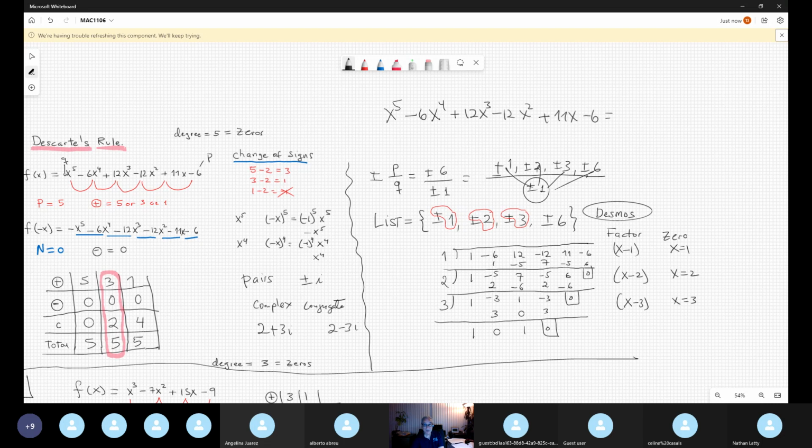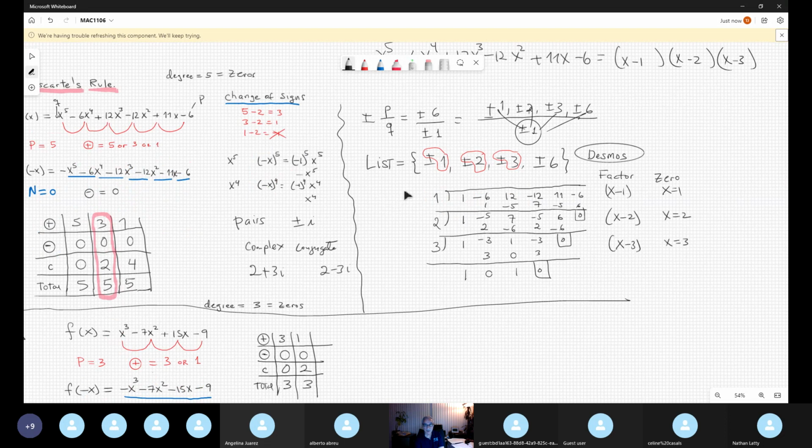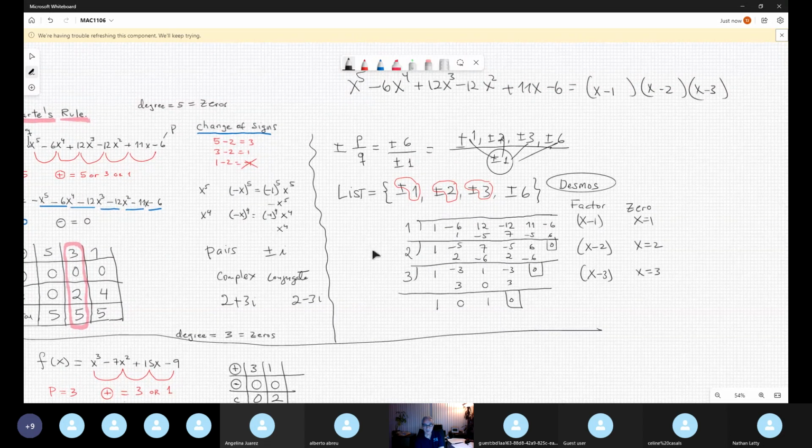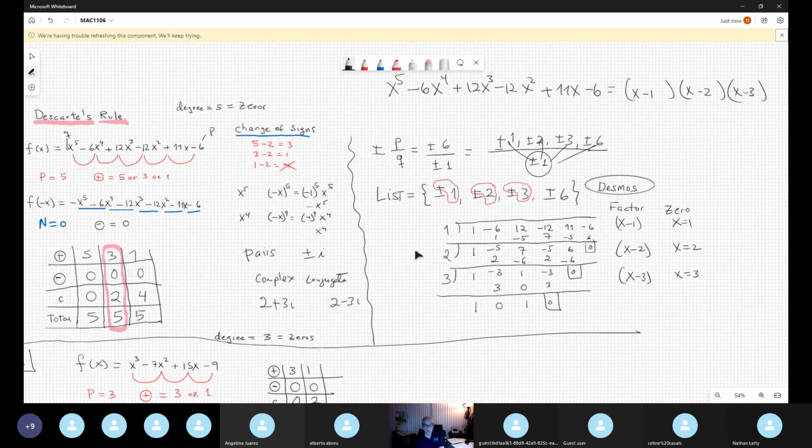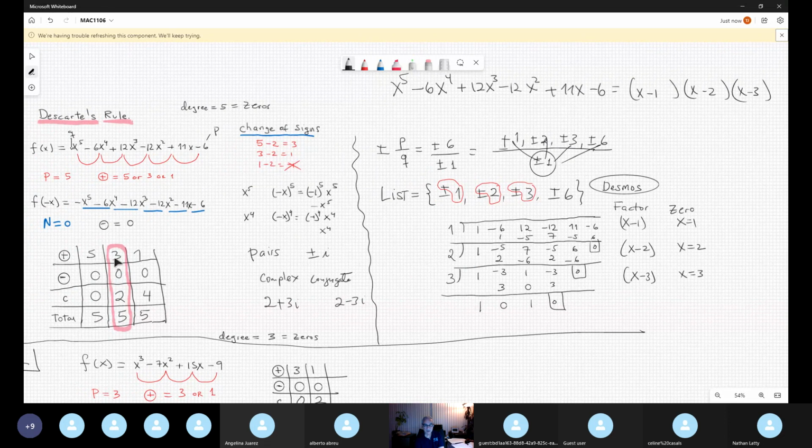I discover 3 factors: x minus 1, x minus 2, and x minus 3. But we need 2 more factors, no? Remember in the table, we see that we have 3 positive 0s, which are 1, 2, 3. No negative, no. And 2 complex.